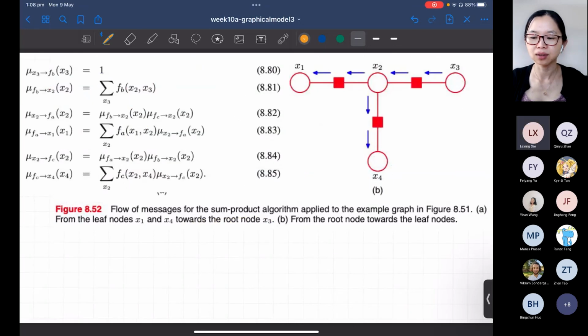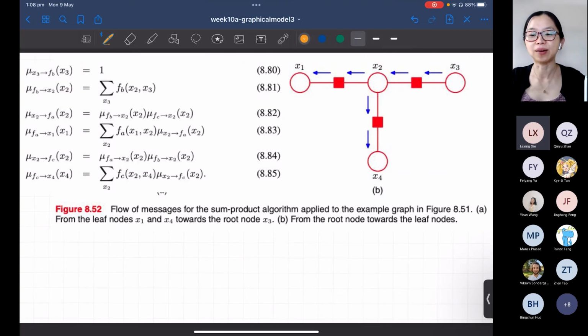Now there is the flow of the sum product algorithm, and this next picture is basically, we can also compute the flow of messages the other way around. You might ask, why do we want this? Well, A, it's defined the same way, and B, by doing this, we can actually get all the marginal probabilities and even some conditionals.